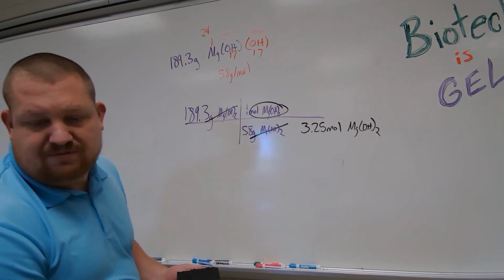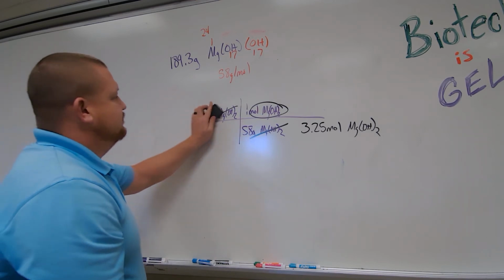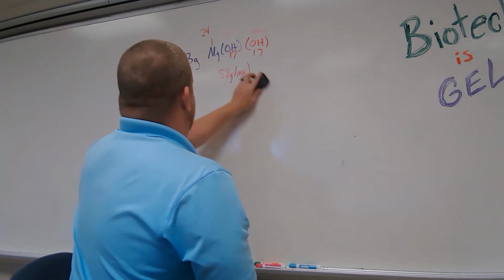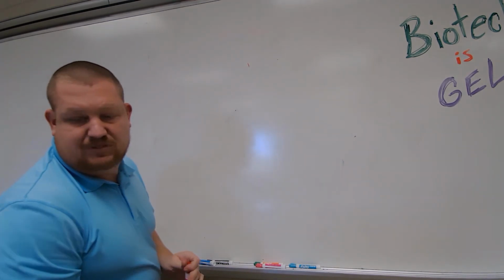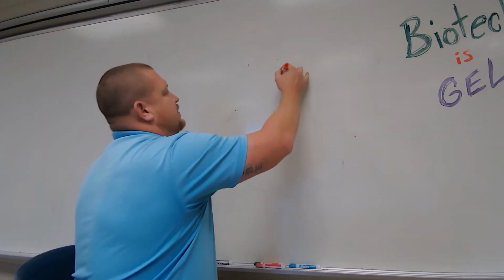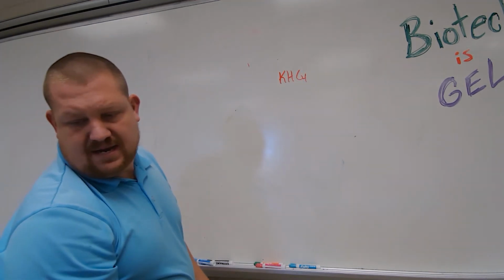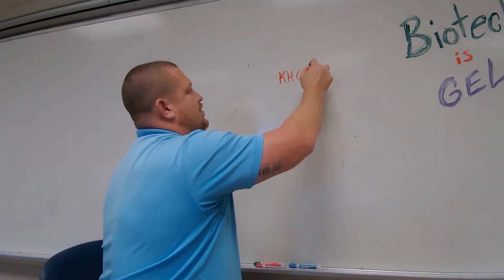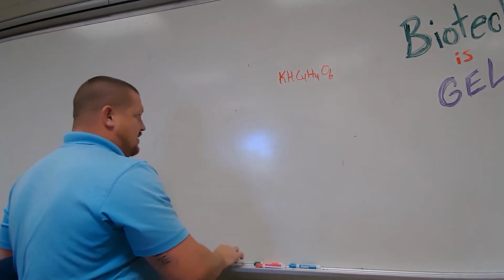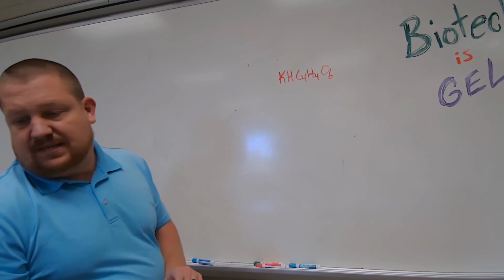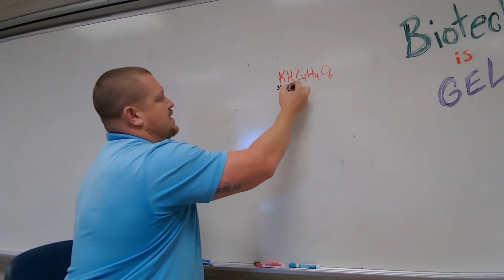Number 10, how many moles are in 45.89 grams of cream of tartar? All right. Cream of tartar is KHC4H4O6. Okay. I got 1 K, which is potassium, that's 39. So I got 39, a 1.